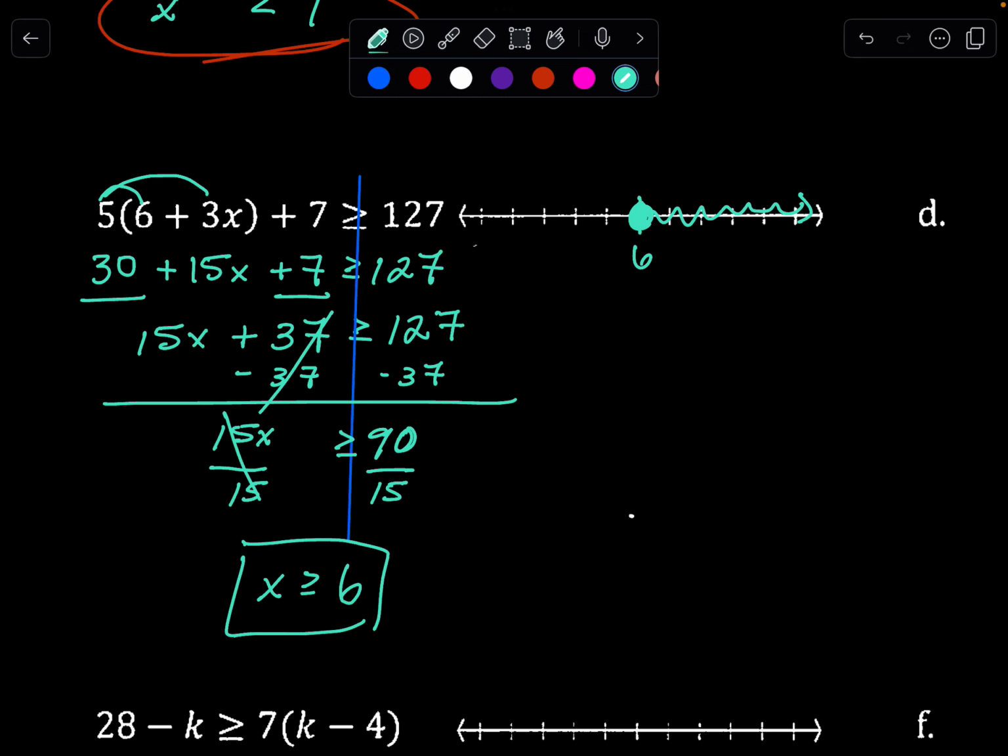So, if you guys remember from last time, it's a filled dot, it's a bracket, and on the infinities, or on the very end point here, it's always going to be a parenthesis. So our interval notation for this one is bracket 6, comma, infinity. There you go.